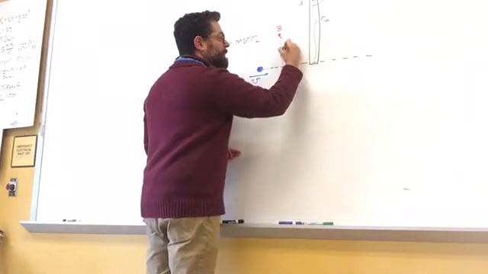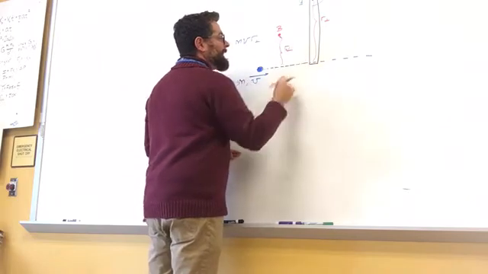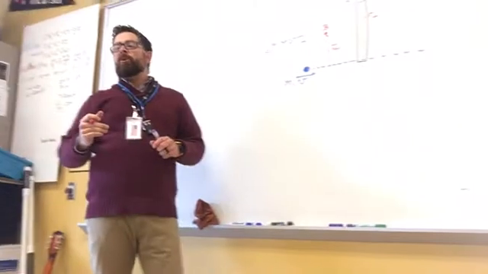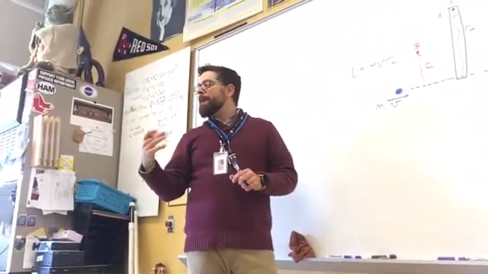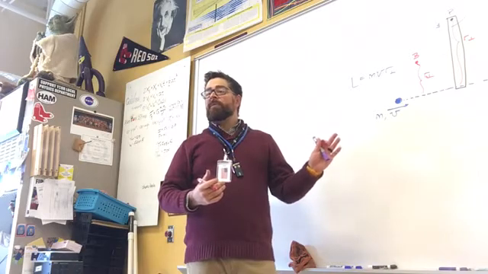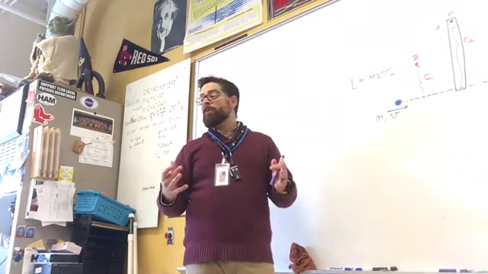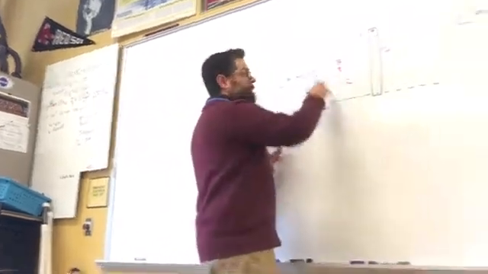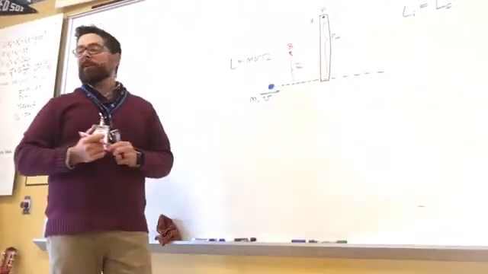This r perpendicular, which I'll call r sub b, is less than the initial one that I drew. So the angular momentum of a particle is a function of what you are defining as the pivot point. I want to make sure that's clear: you can define a different pivot point and the object would have a different angular momentum.